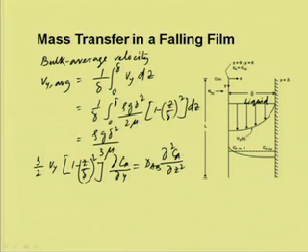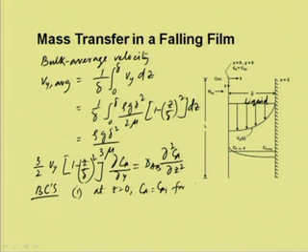So, these equations can be solved with the following boundary conditions. One is at z equal to 0, C A will be C A i for all y.